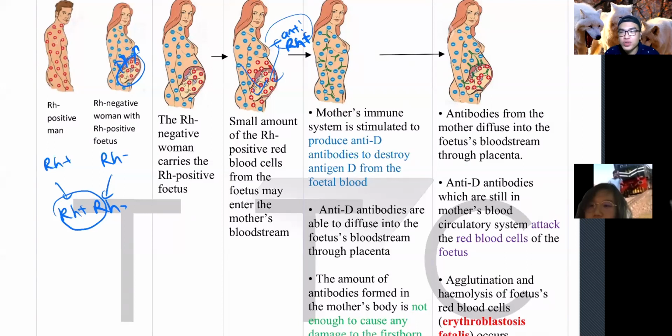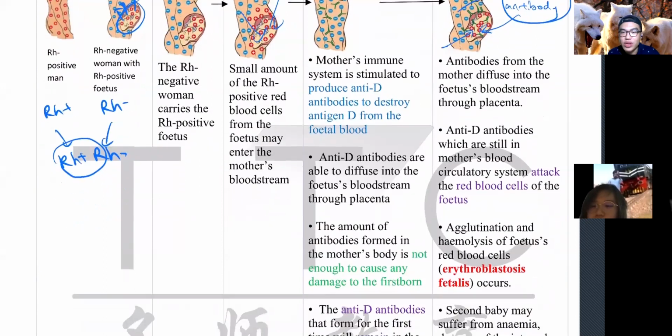So first pregnancy shouldn't be any problem, but the problem comes during the second pregnancy. Now, not so lucky. During the second pregnancy, the mother already has rhesus positive antibody ready to go. So once the pregnancy starts, the antibody will start attacking the baby. That's where the problem happens.